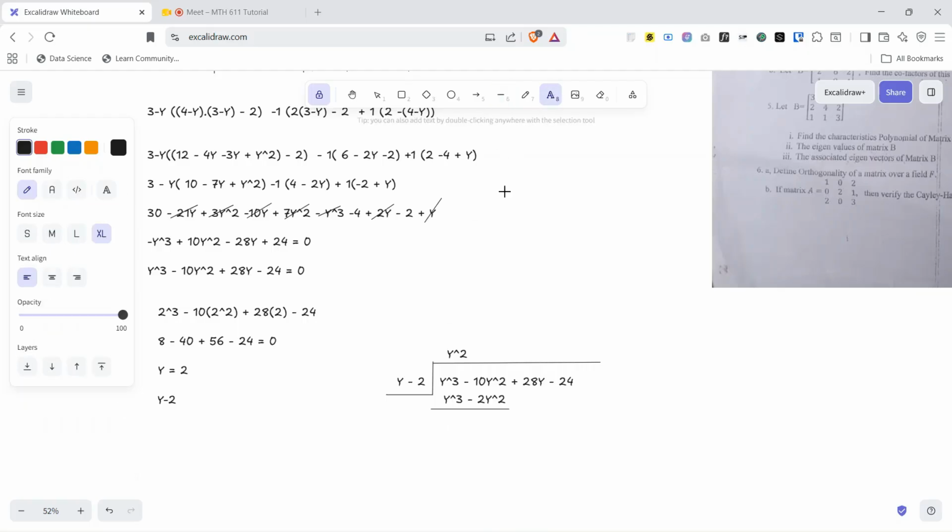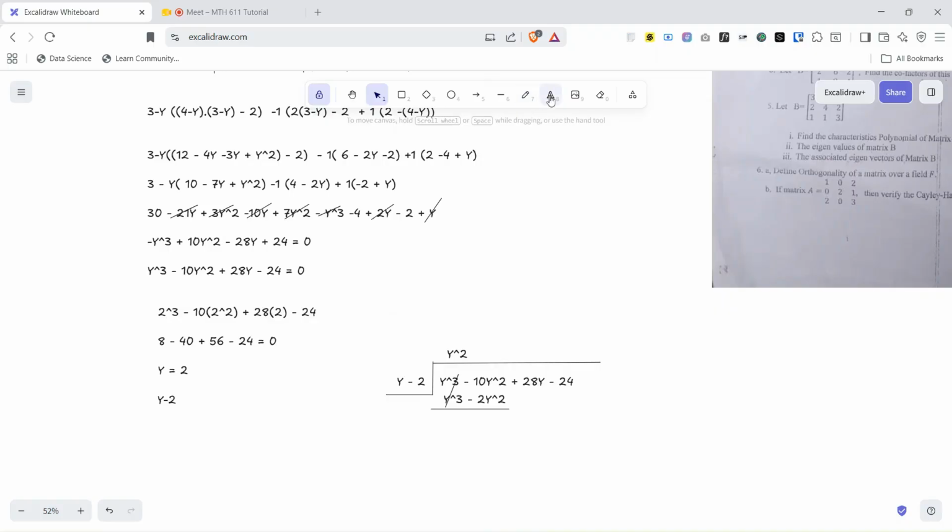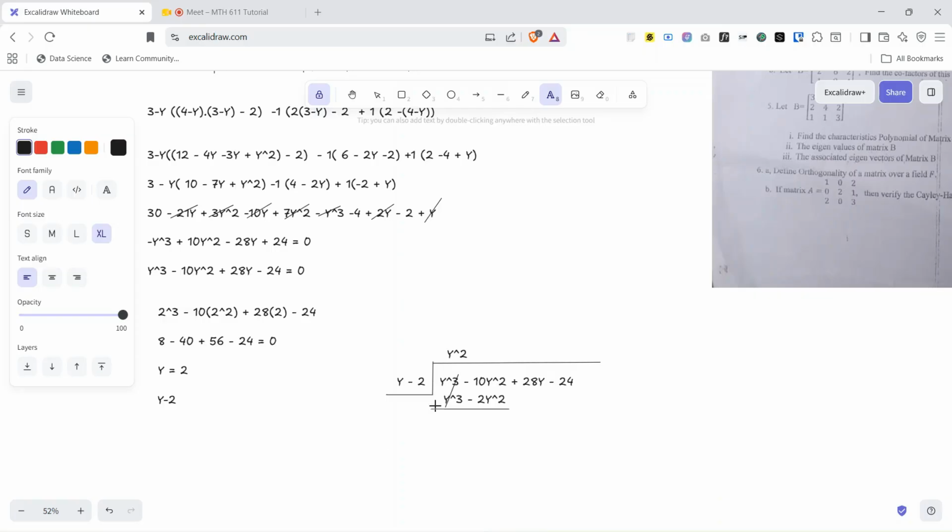If we subtract, lambda cubed cancels out. Minus 10 lambda squared minus minus 2 lambda squared turns to plus, so this gives us minus 8 lambda squared.